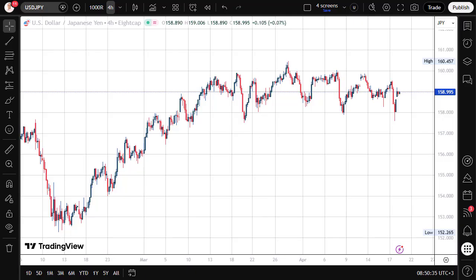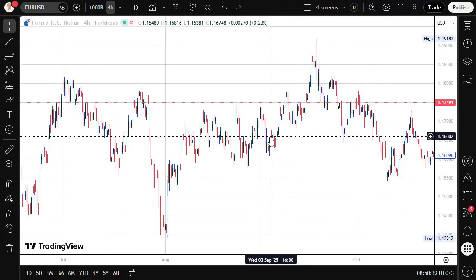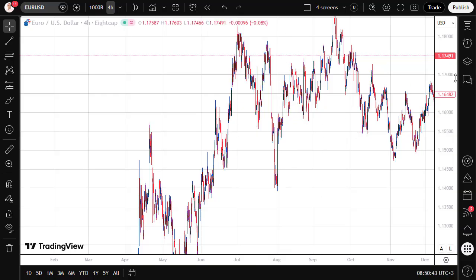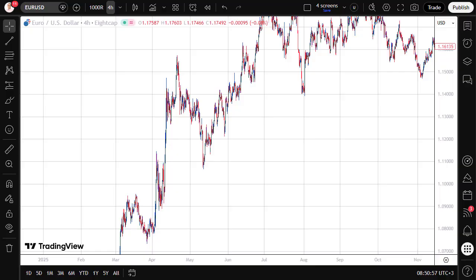You can see across both charts, whether it is the dollar yen or the euro USD, the concept, the pattern is the same. Good conditions, trades work smoothly. Poor conditions, trades fail quickly. Your job is not to force trades. Your job is to align with conditions.